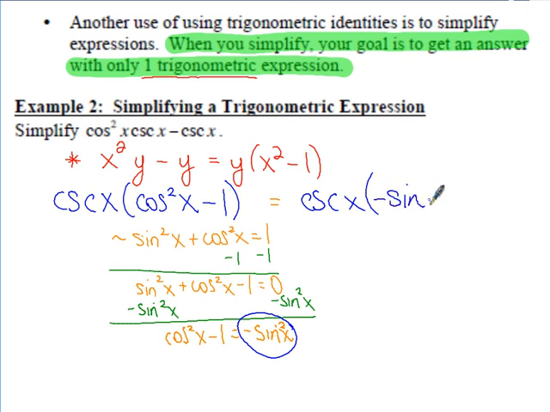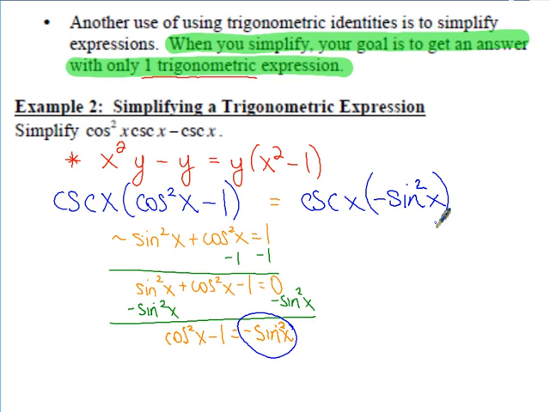So we have this, and we do substitution. Cosecant becomes 1 over sine, because what we want at the very end is to get only one of these values. That's our goal. We're trying to get rid of everything else to get it down to just one.